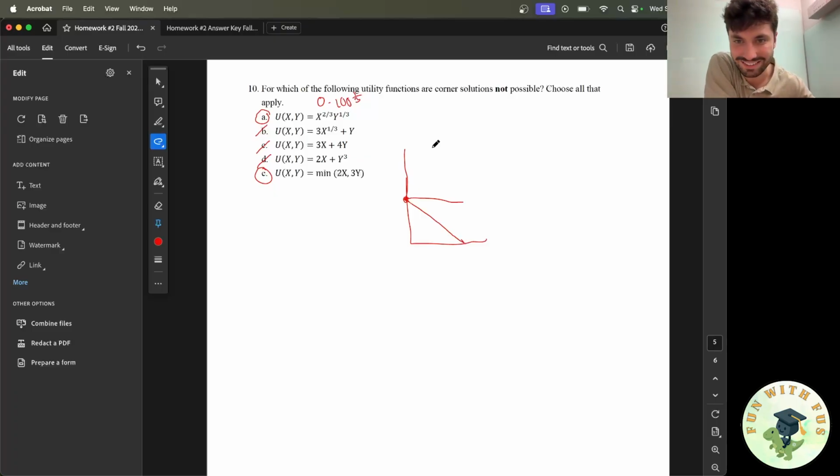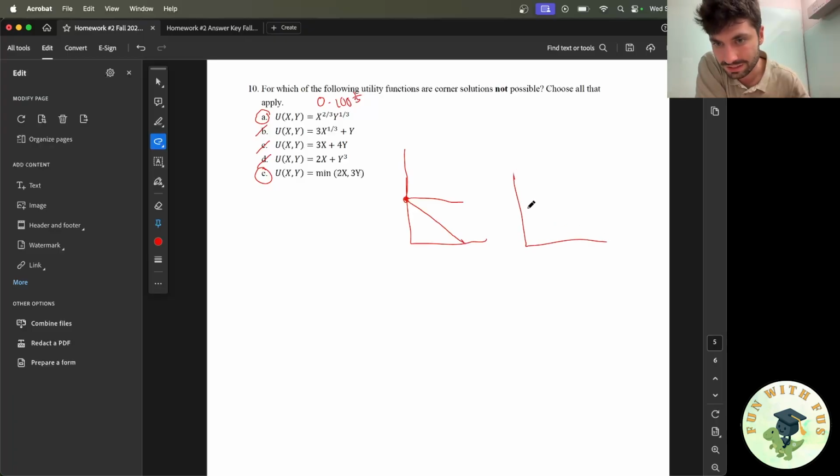So that inherently defies it. Perfect complements are like, I need both of them at the same time. So I can't have one of them be 0. It is just physically impossible for this case to be true.